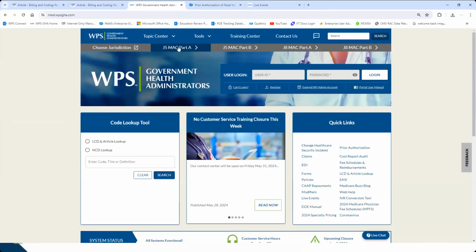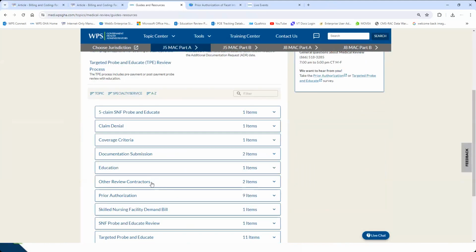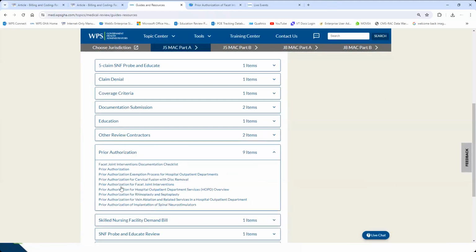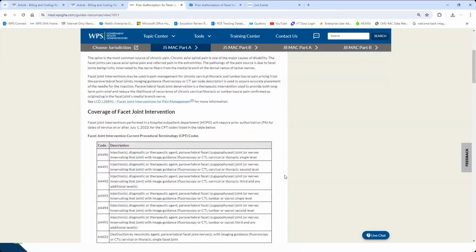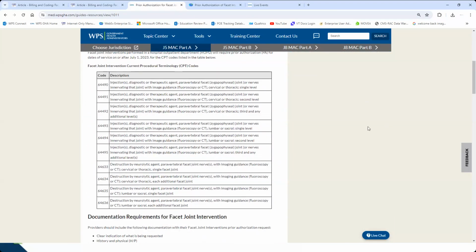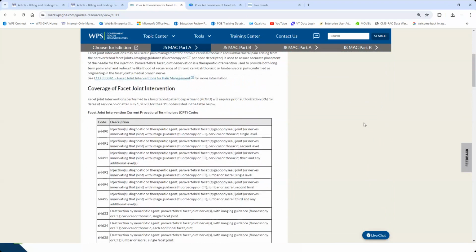I'm going to choose Part A, and I'm going to choose the Topic Center of Medical Review. I'm going to scroll down into Prior Authorization, and I'm going to choose Prior Authorization for Facet interventions, depending on what part of the country you're from, depending on how you say that.